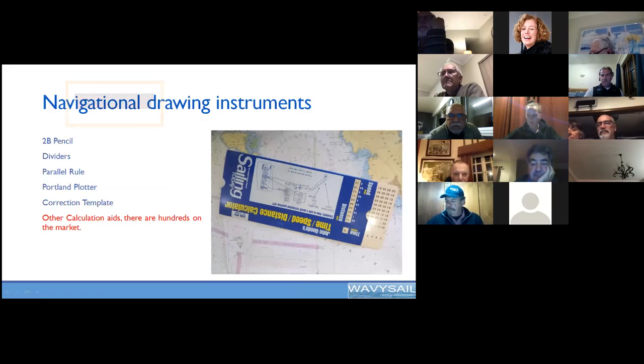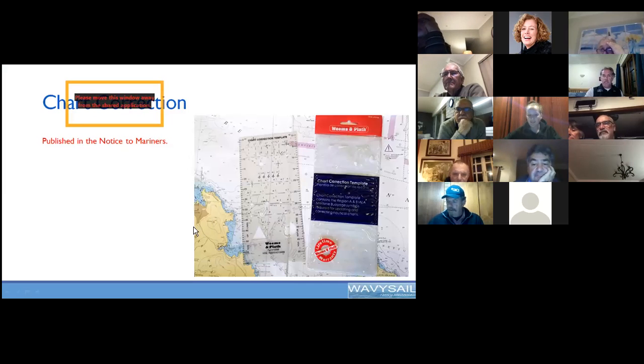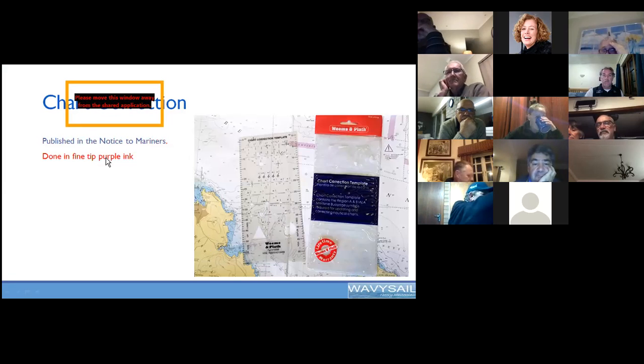Chart correction. Very important. Okay. It is published in the Notice to Mariners. And when you buy a new chart, it will have any updates in that bottom left-hand corner like we looked at to start with. It is done only in a fine tip purple ink.